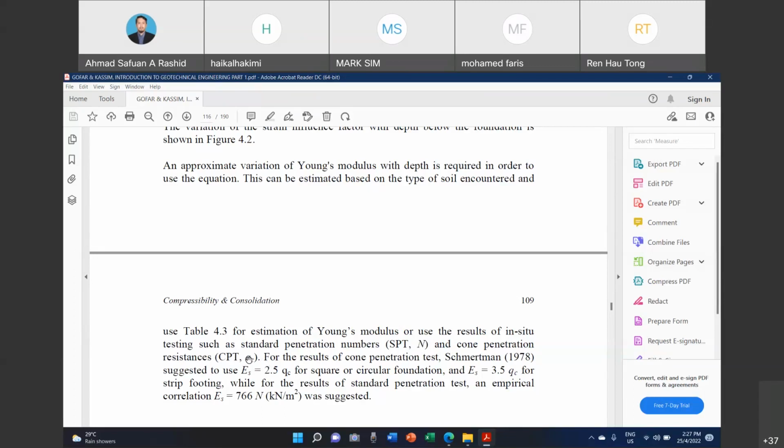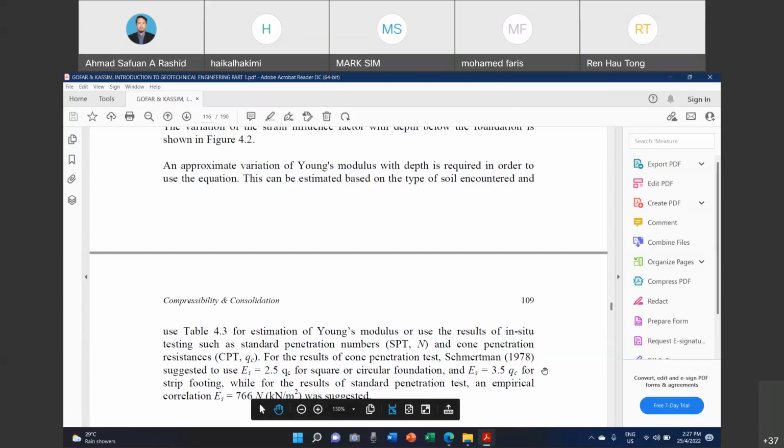So in order to obtain the value for the Young modulus, for example this Es, we should multiply by 2.5 times qc if we are using the CPT value, which is for the square and circular foundation. Then we have Es for the strip footing, which is 3.5 times qc.